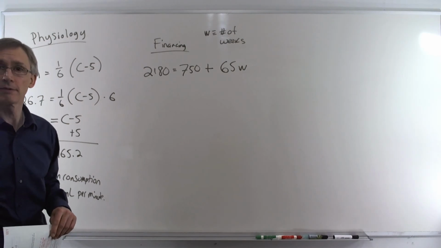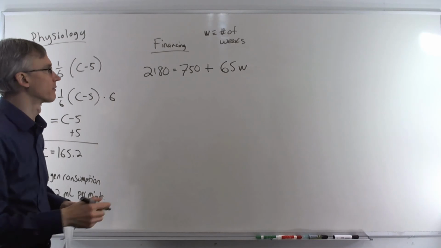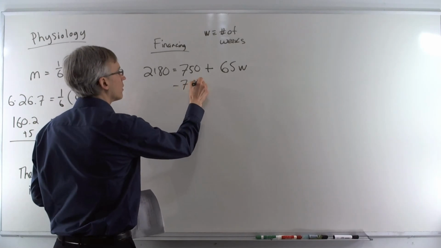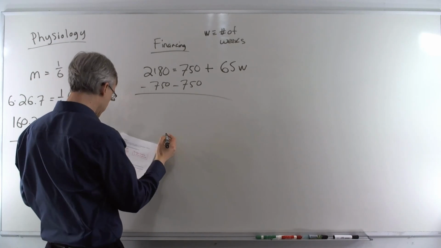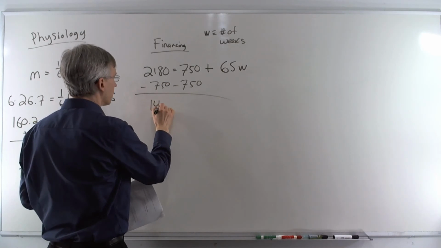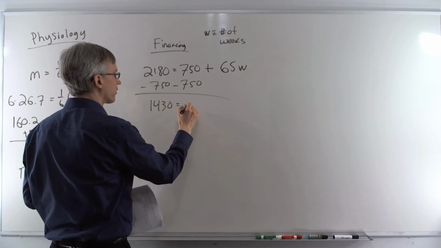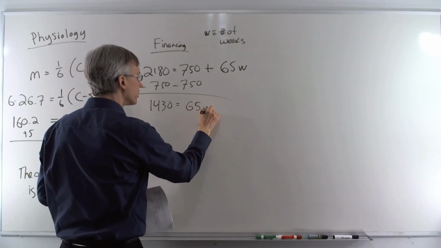Now we can solve this for W and figure out how many weeks we need to save for. Subtracting 750 from each side, we get 1430 equals 65W.